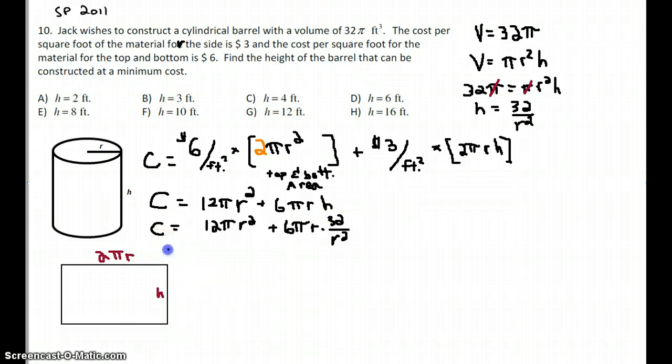So C is 12 pi r squared plus 192 pi over r.